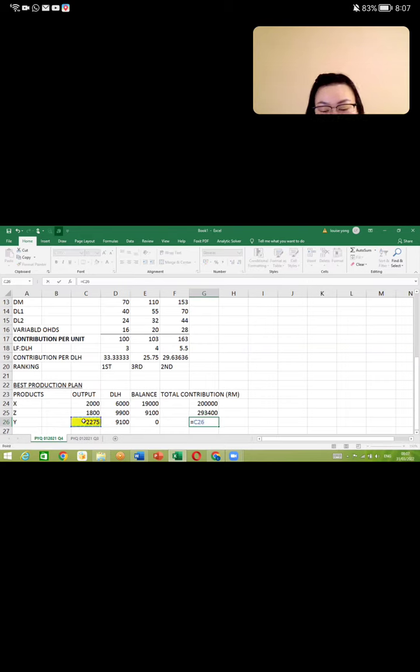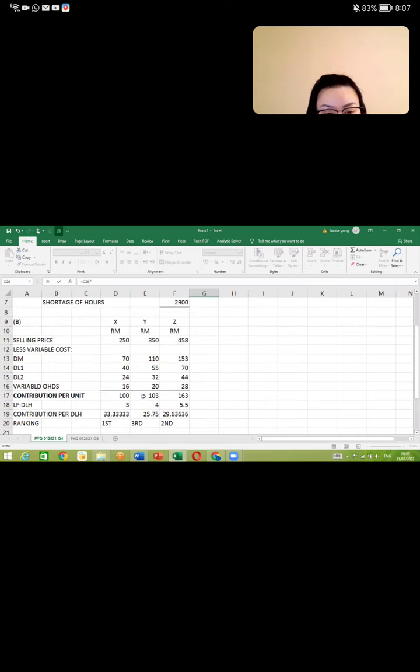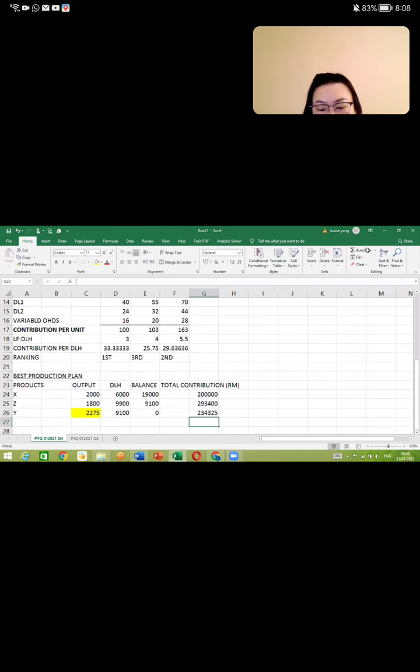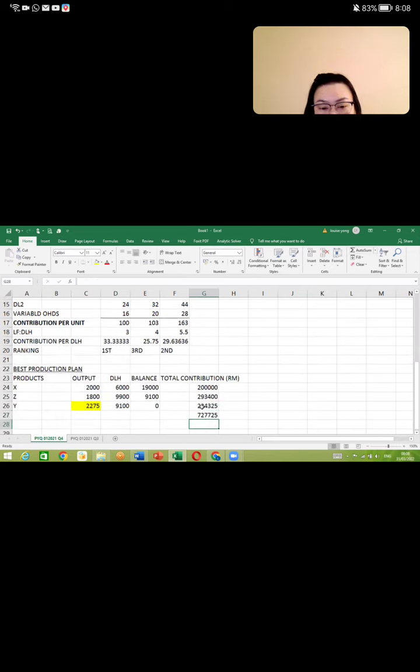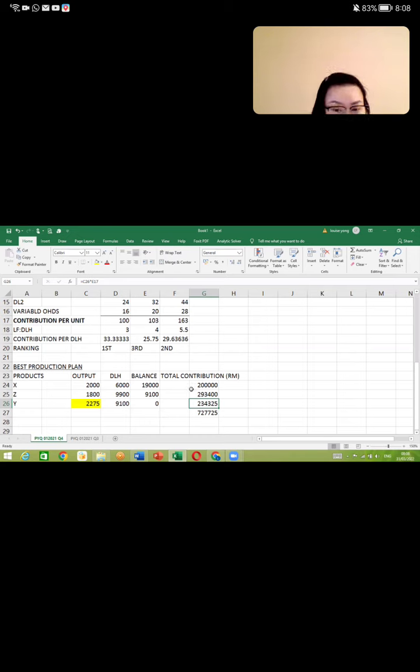Product Y 2275, multiply contribution per unit for Y 103. Then 加起来 total, so 727,725. So this is your total contribution.